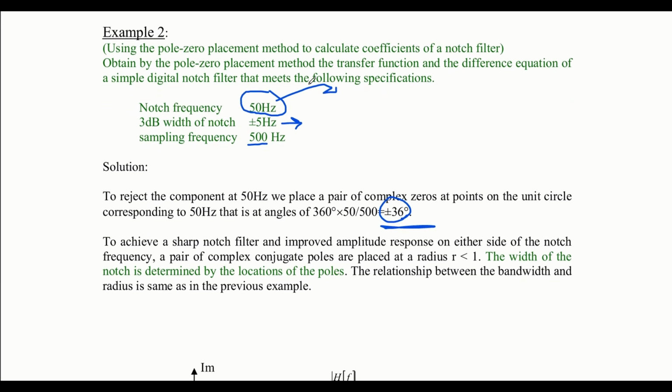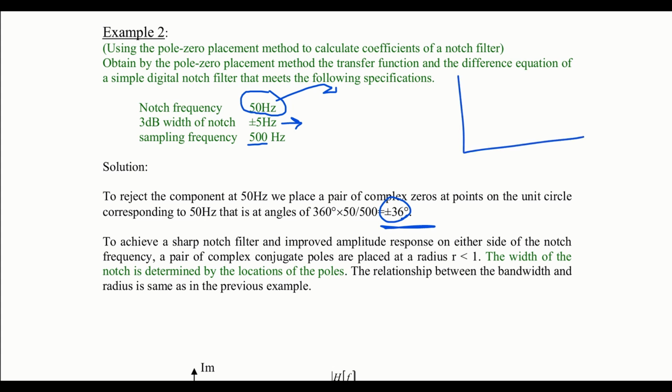So to achieve a sharp notch filter, on either side of the notch frequency, place a pair of conjugate poles at a radius less than 1, within the unit circle. The reach of the notch filter is determined by the location of the poles. In the notch filter design, it's how you locate the poles relative to the zeros that determines how sharp your notch will be.